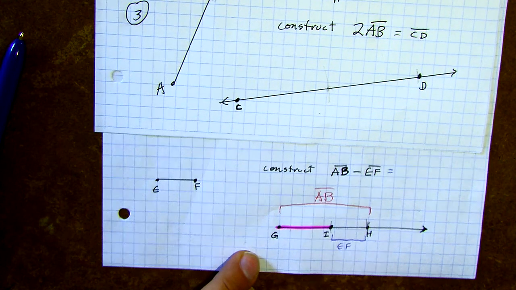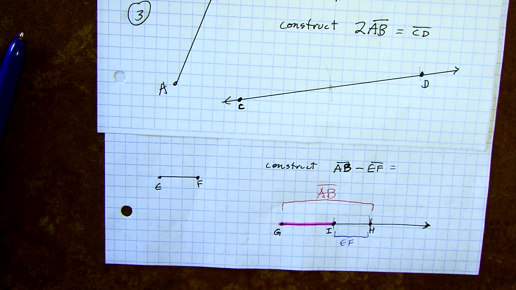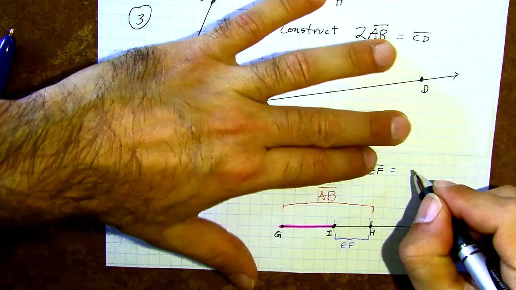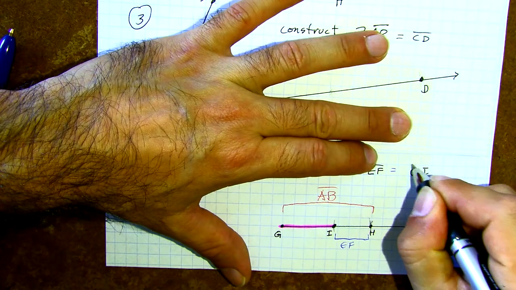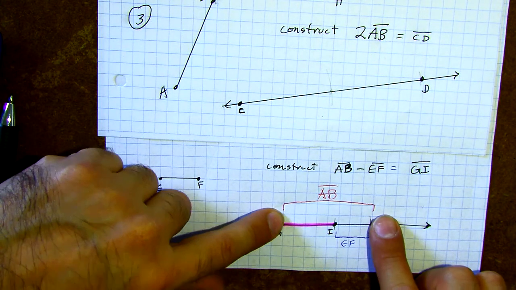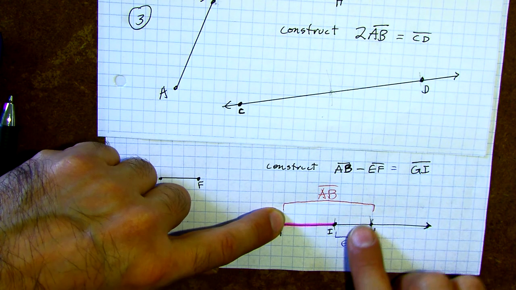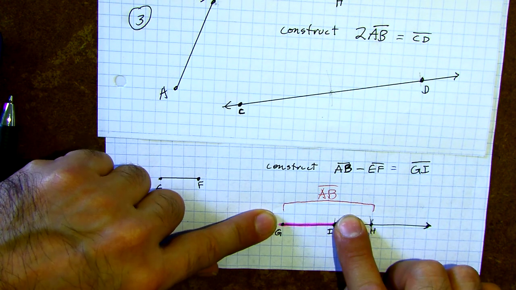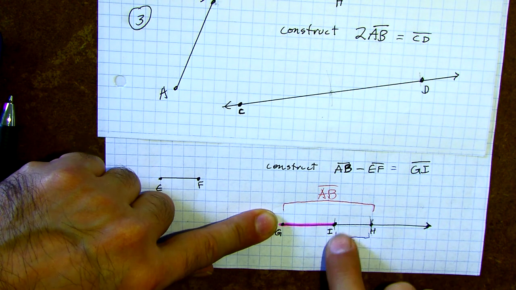Okay. AB minus EF is equal to GI. Essentially you have AB, you're cutting out EF. What's left over is AB minus EF, and we'll call that GI.